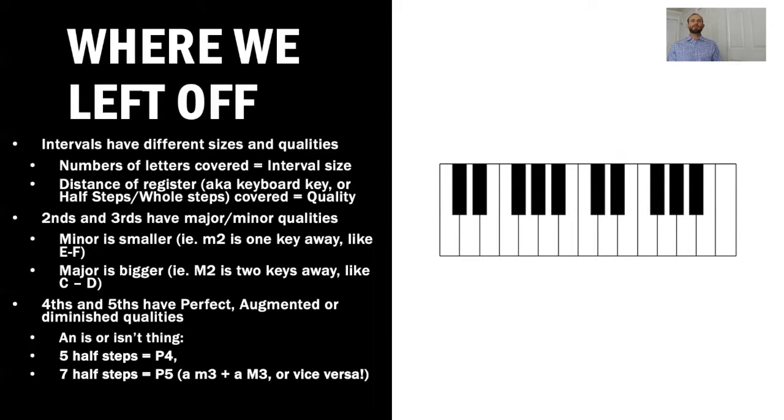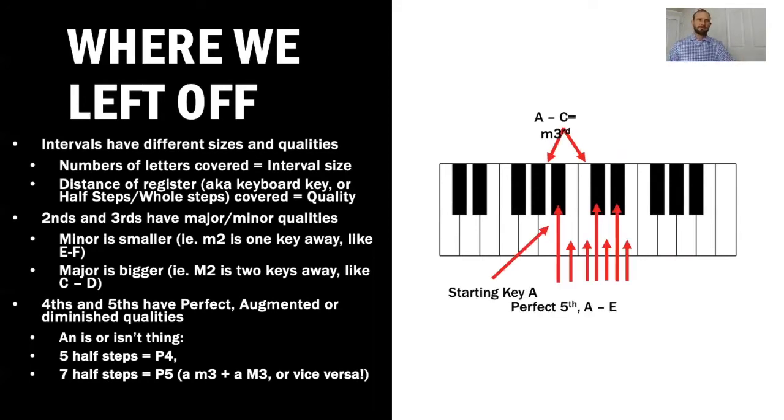Meanwhile, a perfect fifth is 7 keys away, also known as a minor third plus a major third. And you could switch that order depending on where you're at and how you can organize these spaces. But you see that? 7 keys away: 1, 2, 3, 4, 5, 6, 7, not counting the first key.